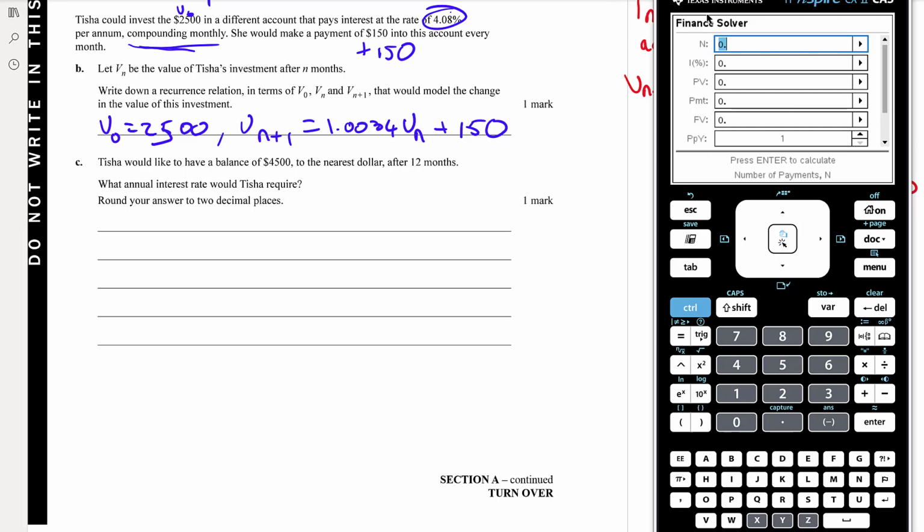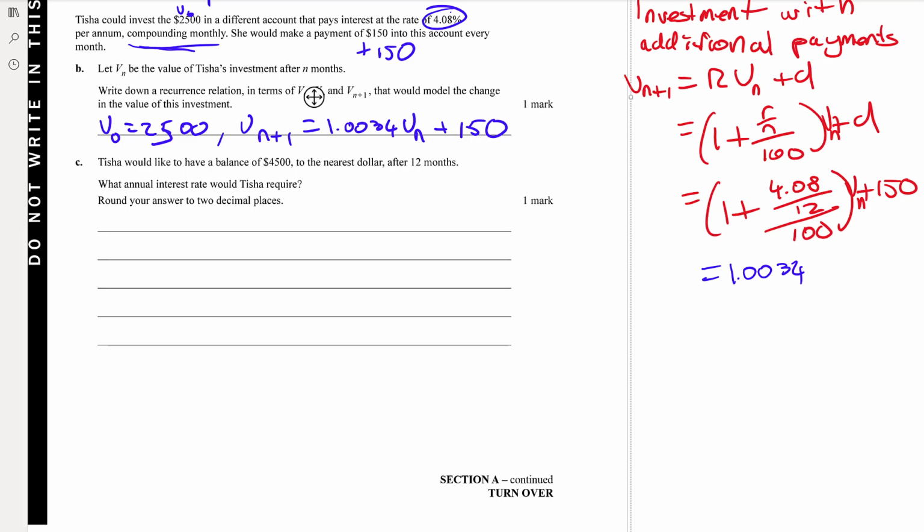So what I like to do, and it's probably good practice for when you're putting this into your answer, go N, so the examiner can actually see what values you've used, PV, PMT, FV, and in this case PPY, and because it's the same, I'm going to put CPY there.